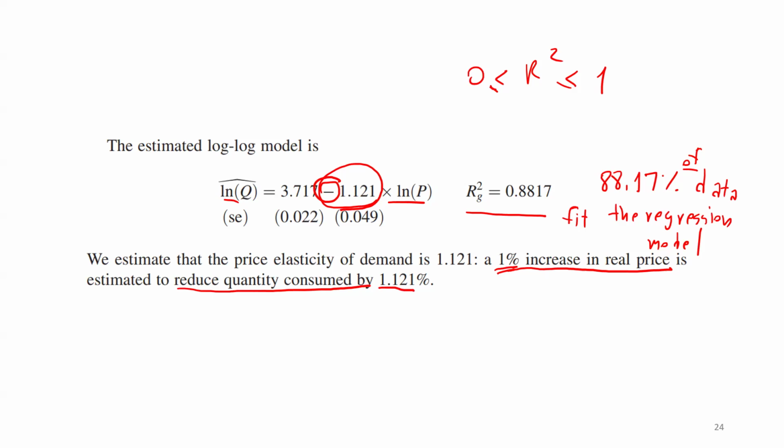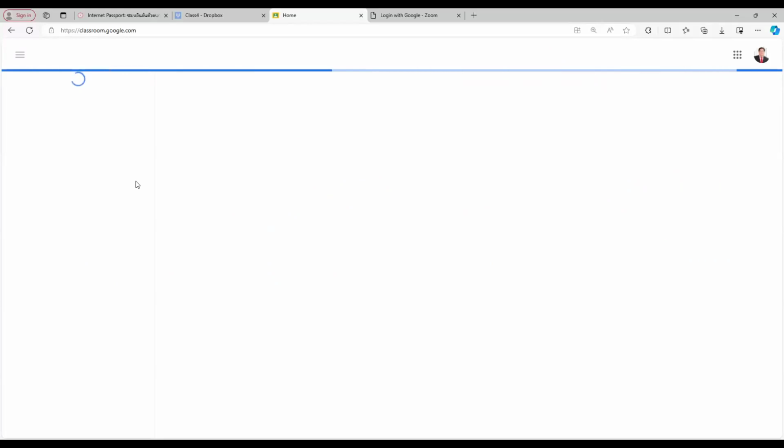We will estimate this equation together in EViews and then try to test whether the error of the model is normal distribution or not. So let's open the data I provided to you in Google Classroom. The data name is boiler.